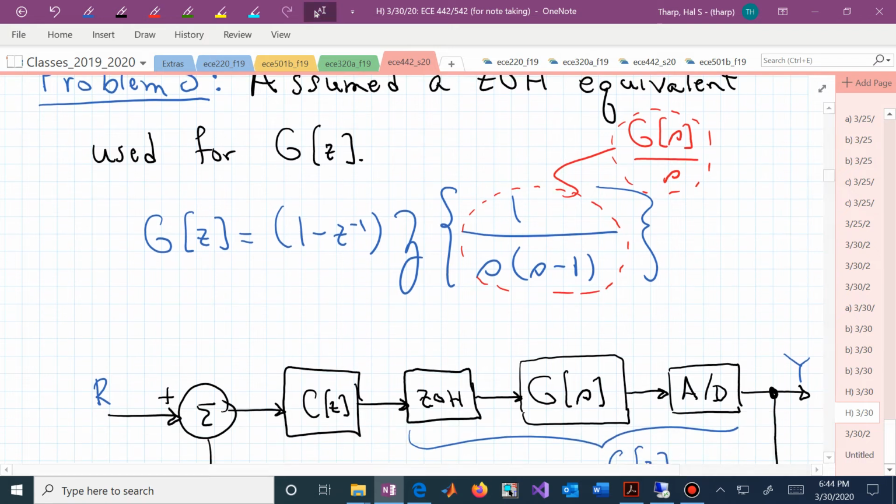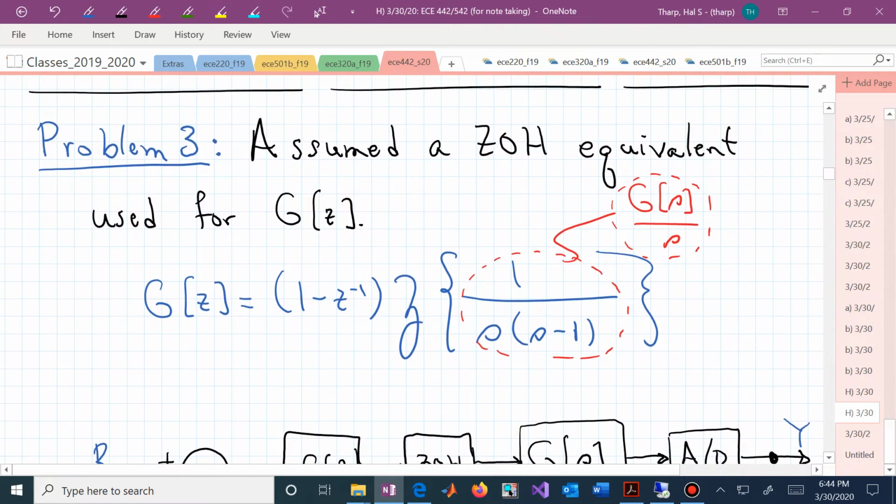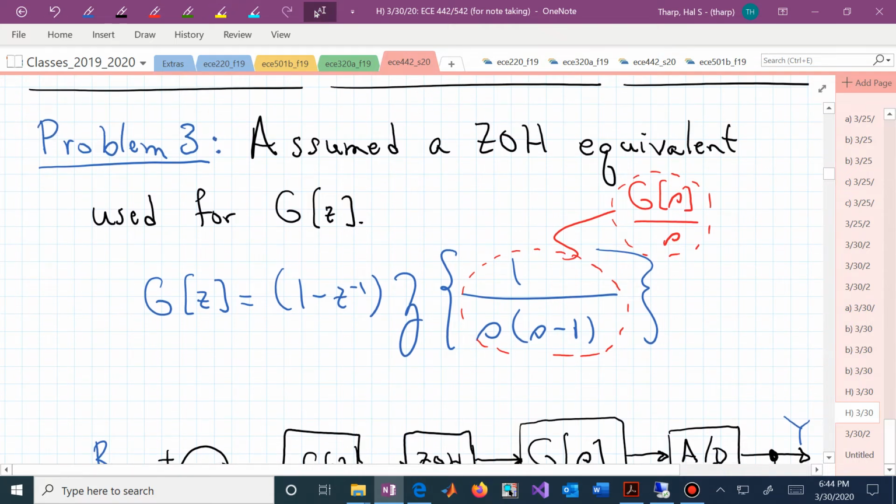So now we want to find this capital C of z, and in the first problem, problem number 3, we're trying to stabilize a system G of s that was unstable to begin with.